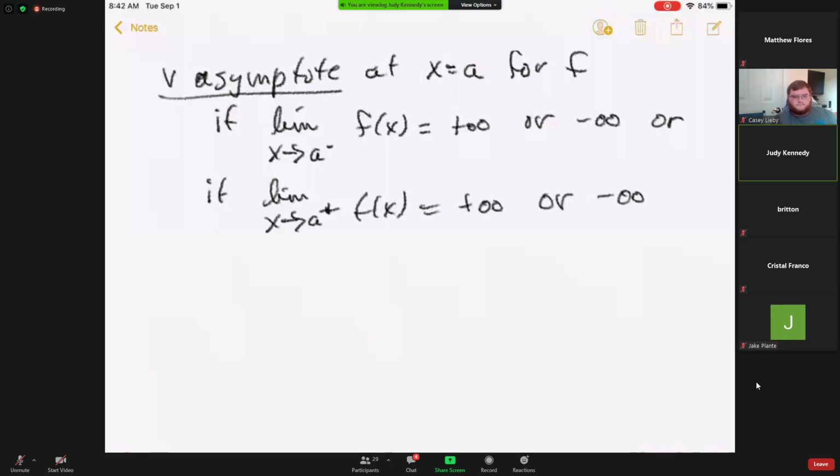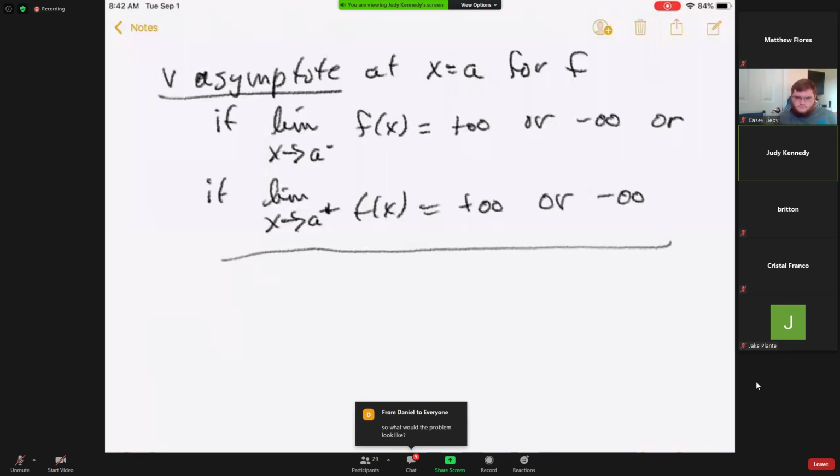So you look for numbers at which that limit is going off the rails. Yeah, the limit doesn't exist there, right? Because plus infinity and minus infinity are not numbers.